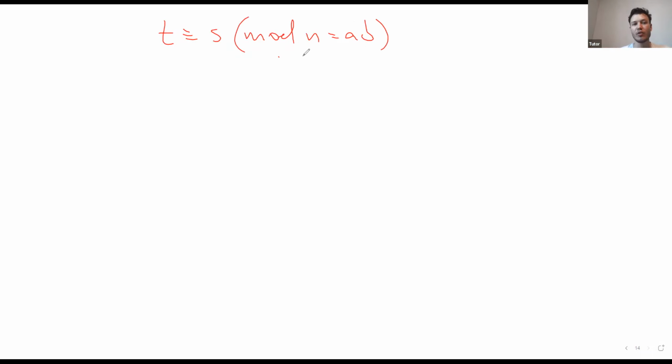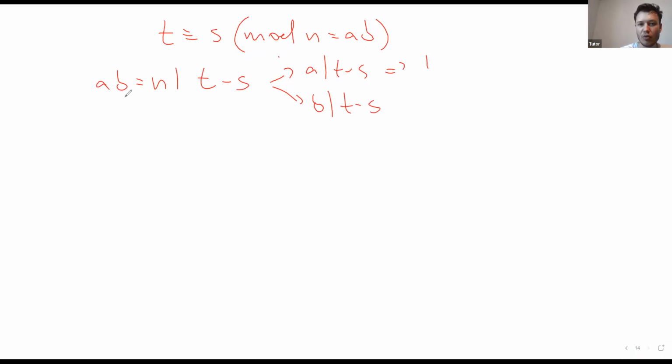Well, what can we do with this? What this means is that t and s have the same remainder mod n, so n needs to divide the difference, t minus s. But n is equal to ab, so from here I get that a is going to divide t minus s and b is going to divide t minus s.